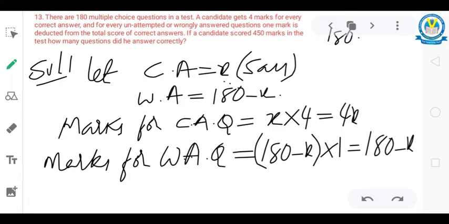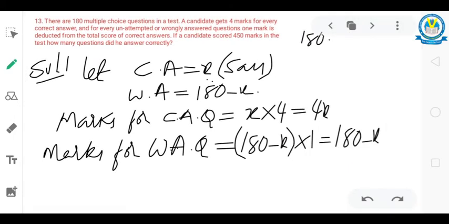So these are the marks of correct answer questions and the marks of wrong answer questions. But these marks are deducted from those marks, because these are negative marks.